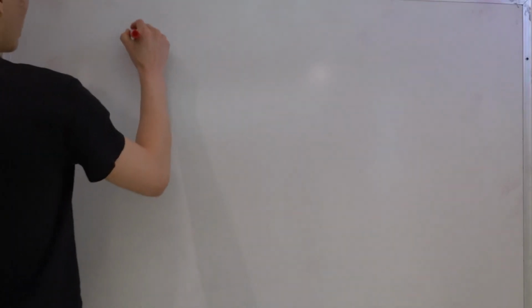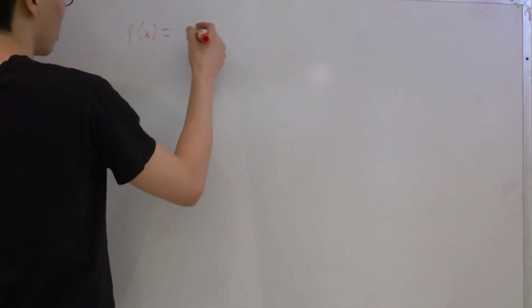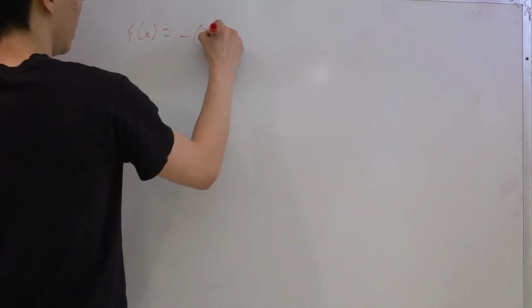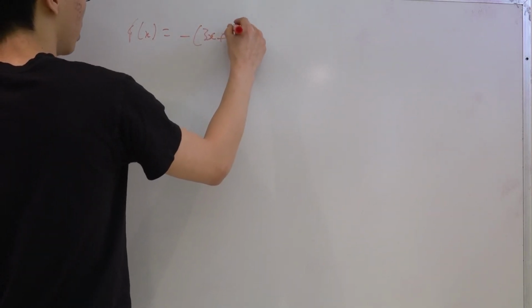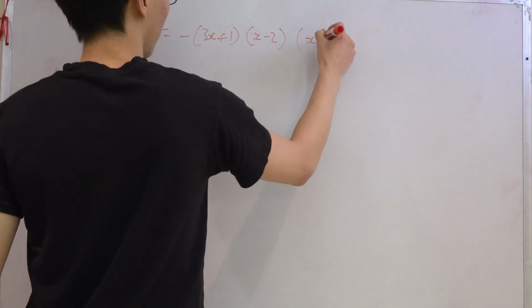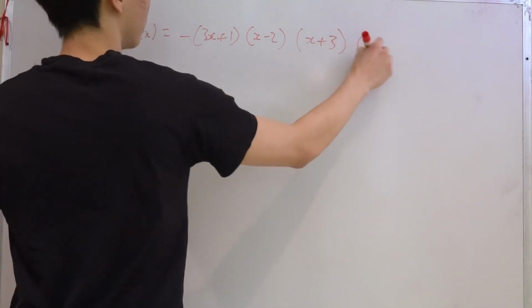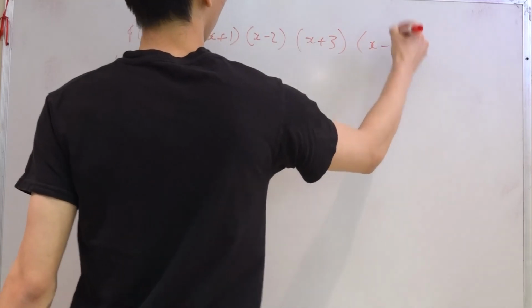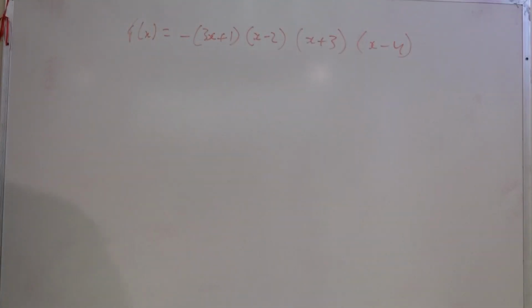Okay. So let f of x equal to negative 3x plus 1, x minus 2, x plus 3, x minus 4. Okay? Think about it to yourself. What degree is this polynomial?